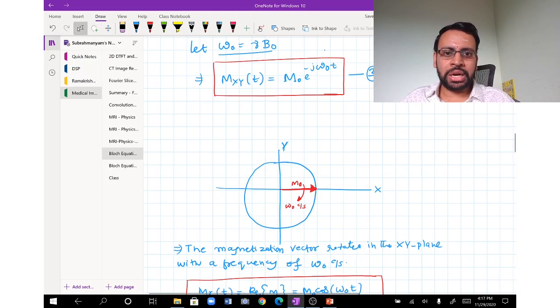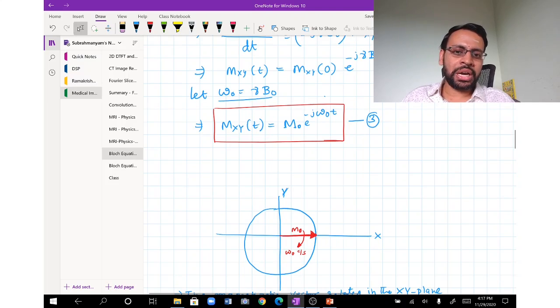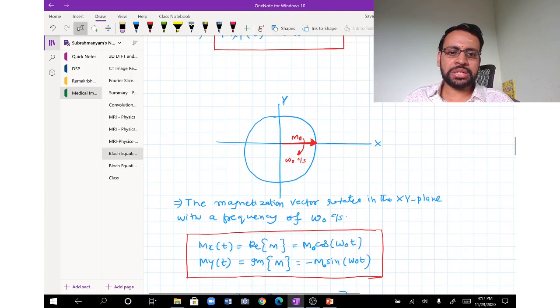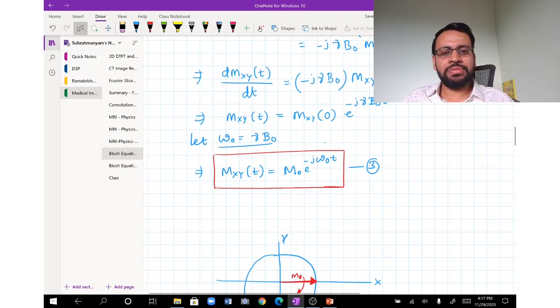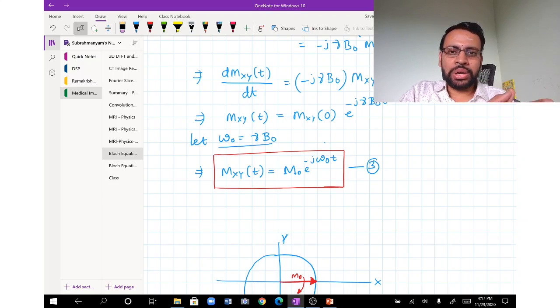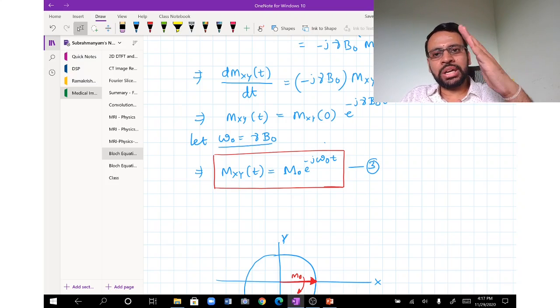So this M naught, the initial vector, would keep rotating here with a frequency of omega naught, which is equal to gamma times B naught, right? That's what you have got here when you are ignoring the T1 and T2 relaxations. Of course, T1 relaxation will have no impact here because that's about the longitudinal one.